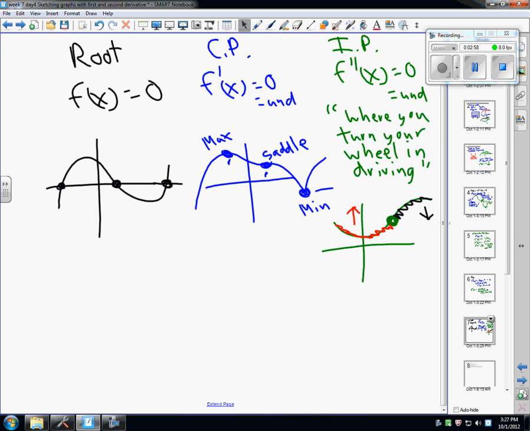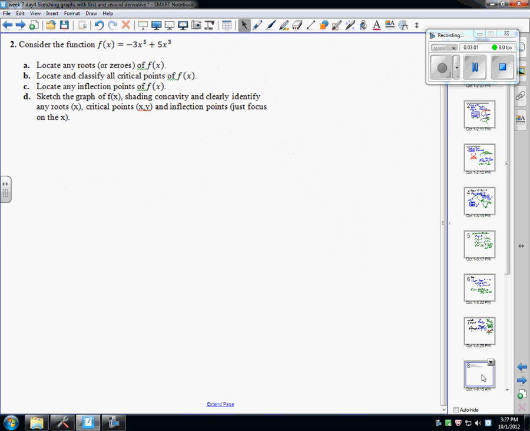So let's take a look at your worksheet. We're going to try number 2 first, and then I'll have you try number 1. So number 2, 2A, locate any roots. I'm underlining this in black because that's on the function itself. So I'm looking at when the function equals 0, or when negative 3x to the 5th plus 5x to the 3rd equals 0. Well, I can pull out an x cubed.